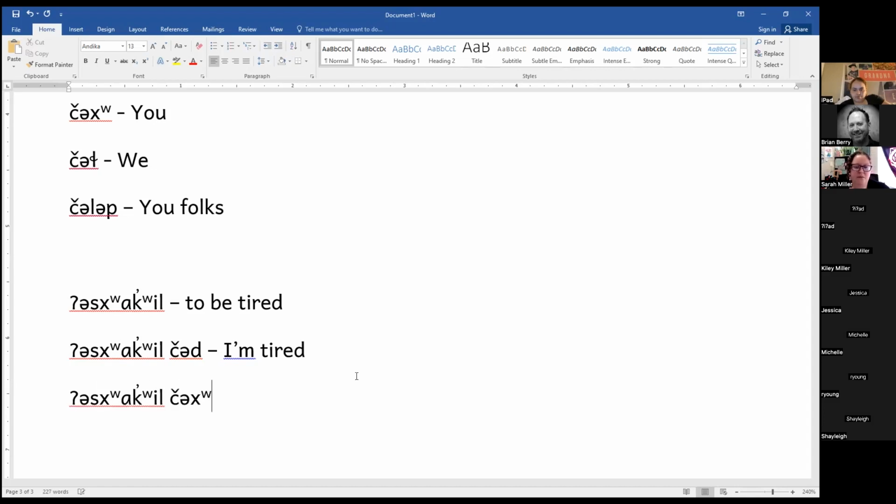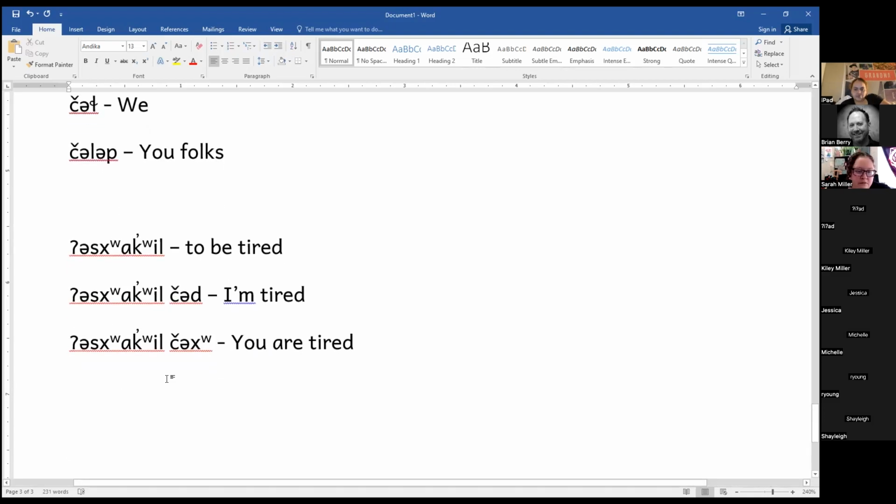Wheel chuff. Remember, make sure you're blowing out whenever you do the X with the raised W. It's non-vocal, so you're not going to be making a sound. Wheel chuff. And that is you are tired, or you're tired, or you tired.